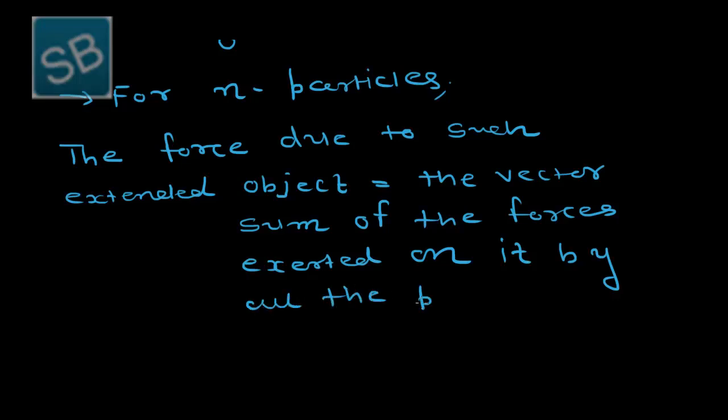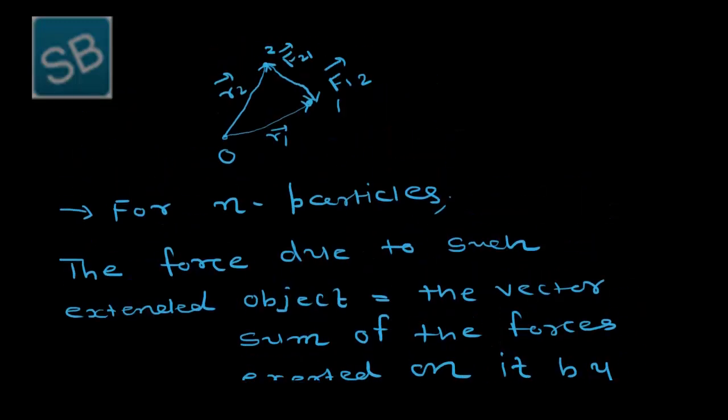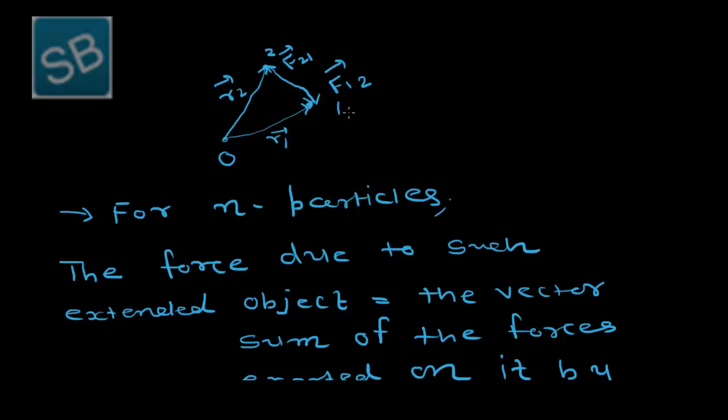Now what is this point mass? These point masses will be in the extended object. Now see, here is particle 1, having mass m1, and it is denoted by a point drawn on it. So this point having mass m1 is called a point mass.